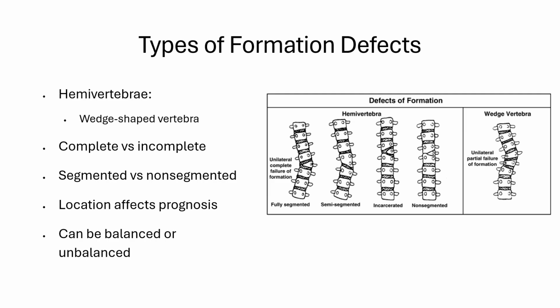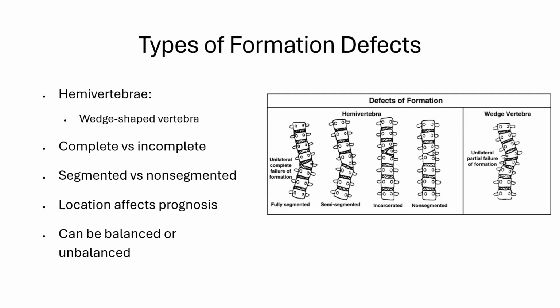Classifying vertebrae into complete versus incomplete types depends on whether the defect affects the entire vertebral body or just a portion. Complete hemivertebrae create more significant angular deformity because the entire vertebral level contributes to the curvature. The distinction between segmented and non-segmented hemivertebrae proves even more clinically important because it predicts progression risk.